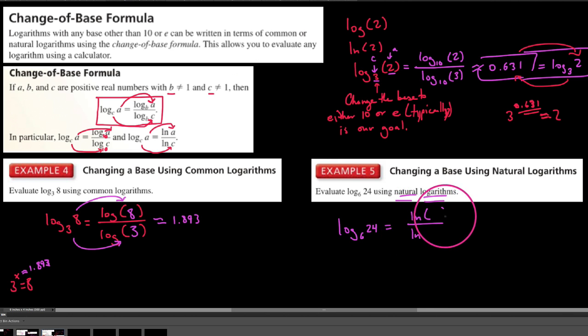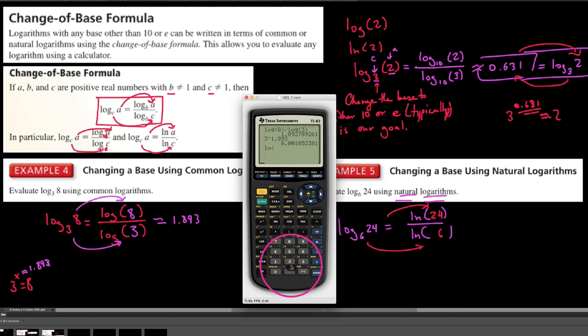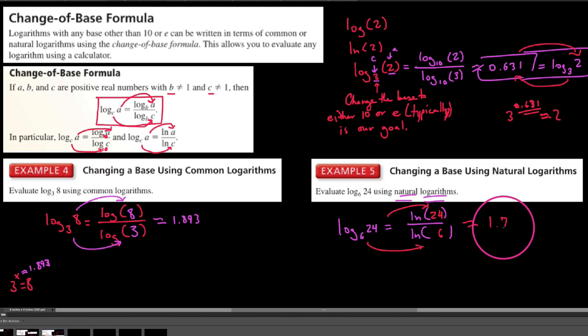The only rule is that the log on top of this quotient has to have the same base as the log on bottom, and if that's the case, then we could just drop in our values here, 24 up top, in this case 6 on the bottom, and we'll throw this into our calculator as opposed to common logs, and you would see that ln of 24 divided by ln of 6 gives the 1.774 value that you see there, 1.774. So in reality, what we're saying is 6 to the 1.774 power gives us approximately 24.